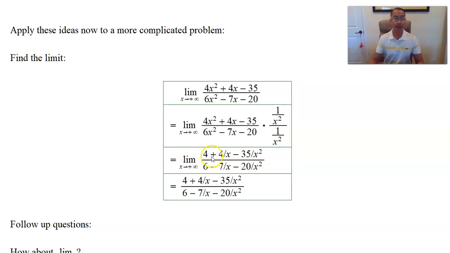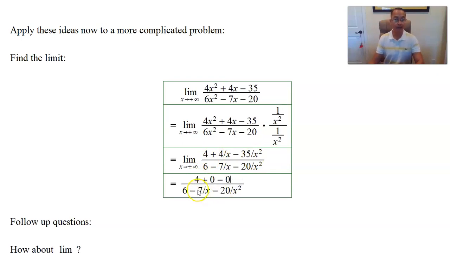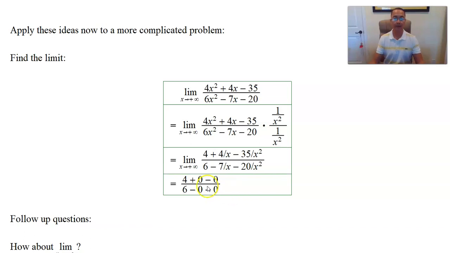We will get just 4 plus 0 minus 0 divided by 6 minus 0 minus 0. So that's just 4 divided by 6, or simply 2/3. So that's our answer. We think, and we will check in GeoGebra, that this limit is simply 2/3.